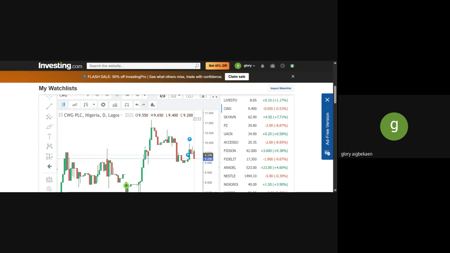Because in economics, we say when supply outweighs demand, what happens? Price will fall. So when this kind of thing happens, it is an opportunity for you to buy. When there's a pullback in the price of a good stock, it's an opportunity for you to buy.